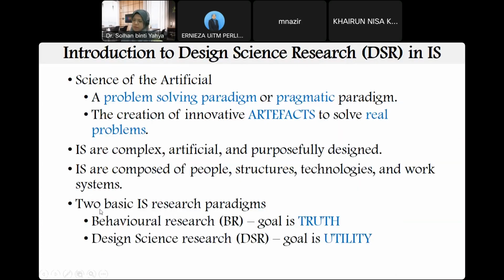There are two basic research paradigms in information systems. Generally, we have behavior science research, and the second one is design science research. The goal of behavior science research is to understand the phenomena, to find the truth of the phenomena.